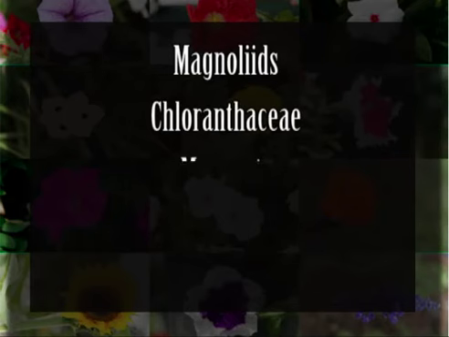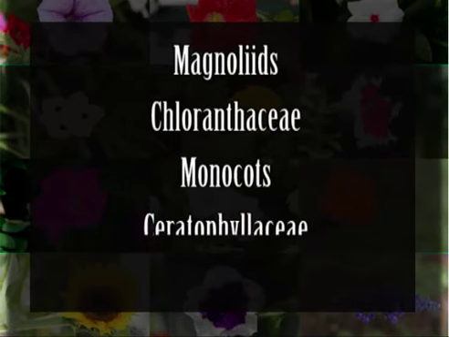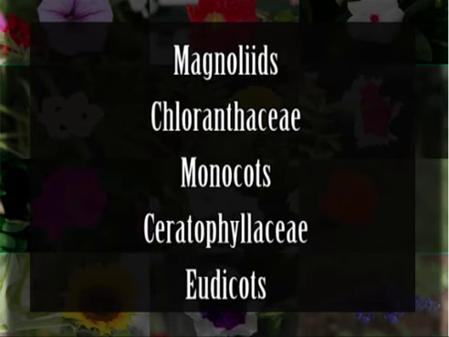These remaining angiosperms, or Mesangiosperms, are magnoliids, Chloranthaceae, monocots, Ceratophyllaceae and eudicots. Analyses of multi-gene data sets with adequate taxon sampling have provided strong support for monophyly of each of these clades of angiosperms.